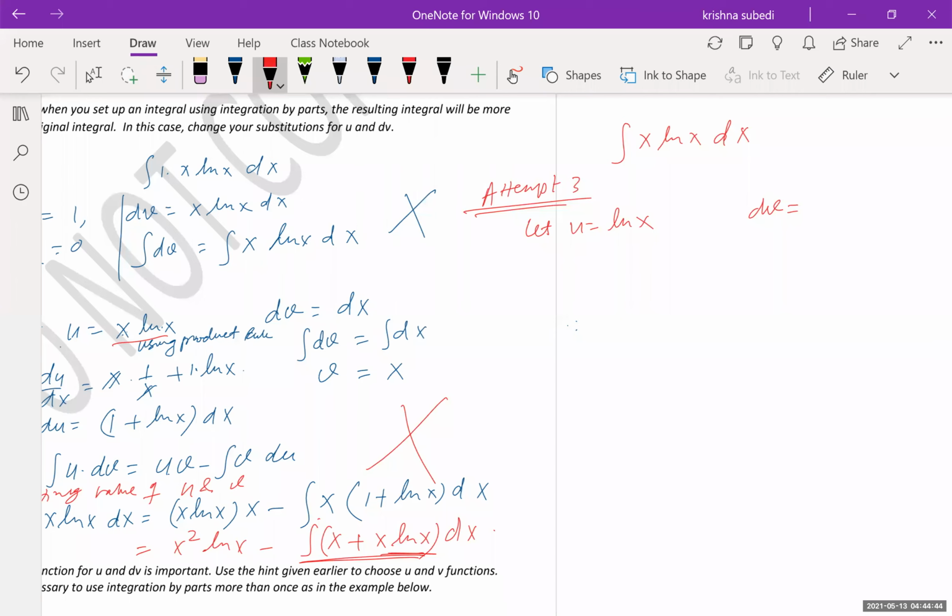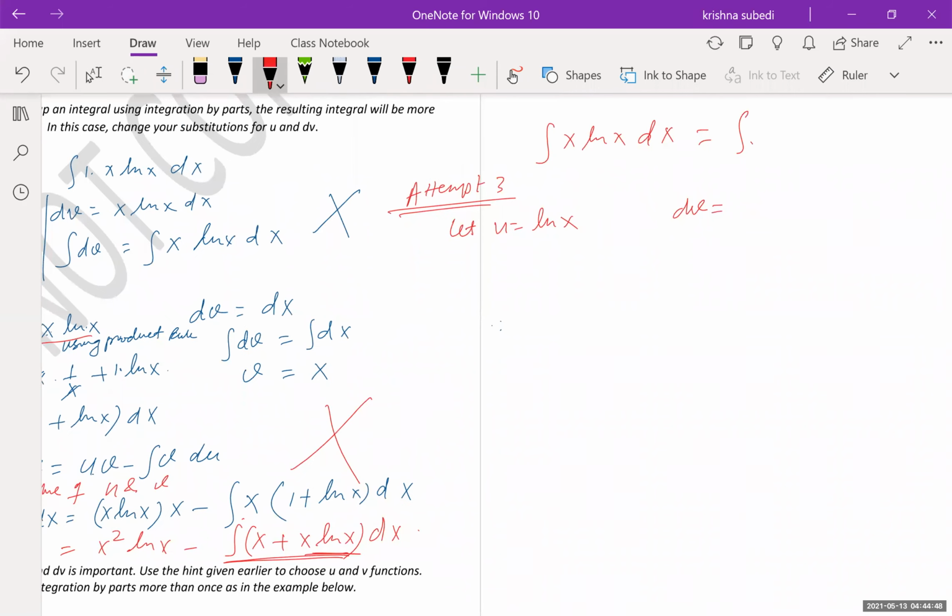So what I want to suppose is, because I can write this as ln x and x dx, I want to suppose that to be u and this one to be dv, and let's see what happens. So u equals ln x, dv equals x dx.